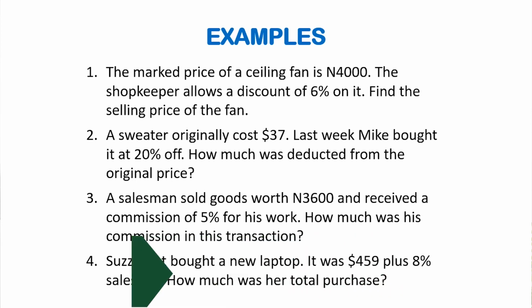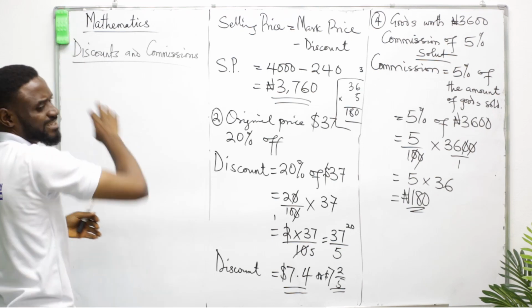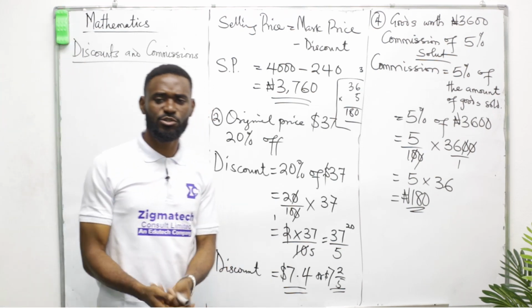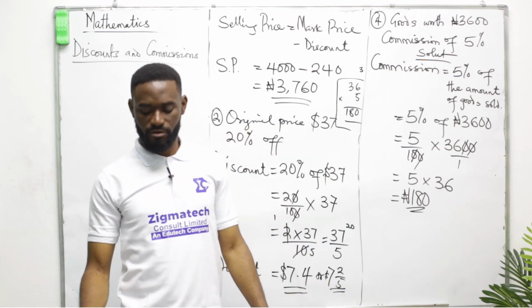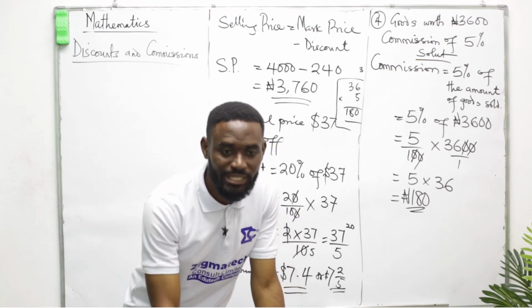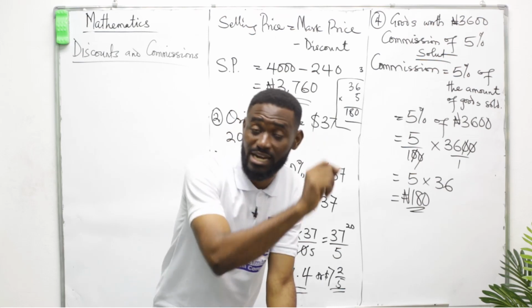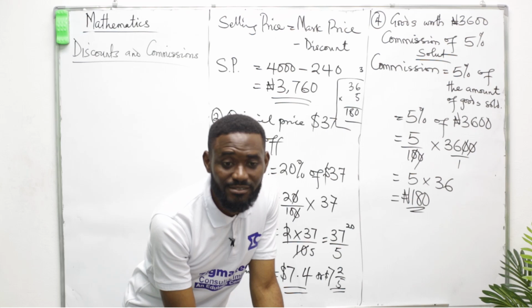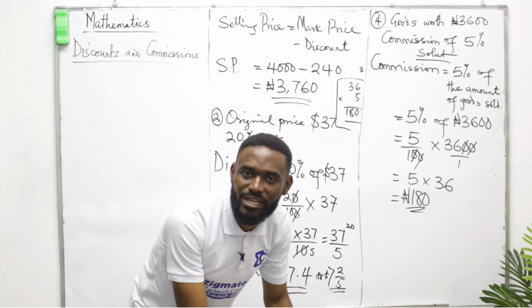Let's quickly look at that. Now, that is a commission question. Why is it a commission question? Now, the tax, you know, every organization has some tax they pay, maybe for a particular item they pay to the government. So on this particular laptop that Susie wants to buy, or that Susie bought actually, the government has a sales tax of 8% on that laptop.